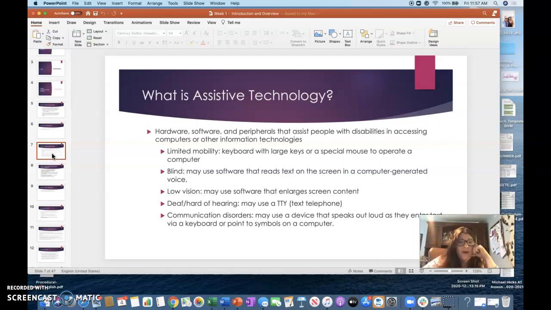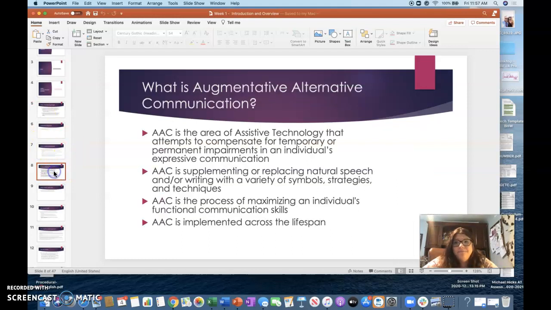It could be our deaf and hard of hearing population that may need TTY or a text telephone to be able to engage in meaningful conversation. And it could be those individuals with a communication disorder that need a device to speak out loud for them.